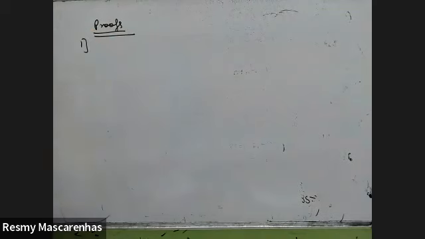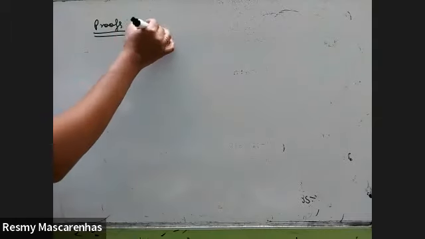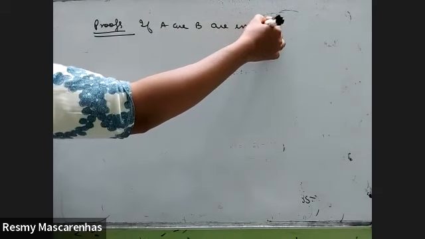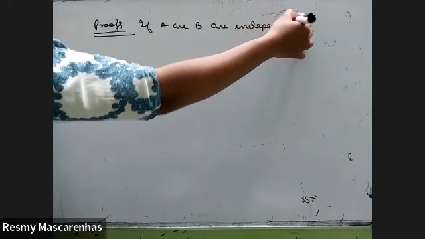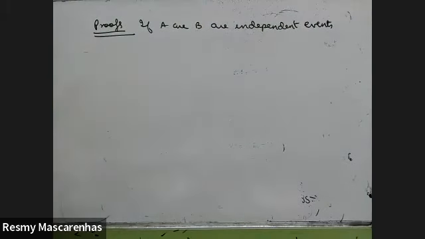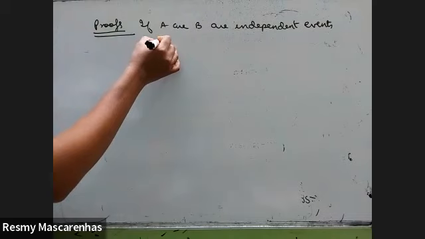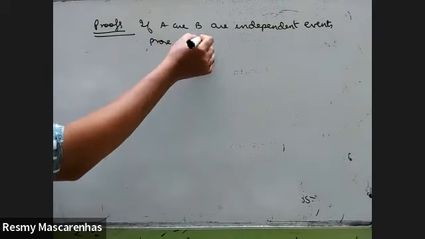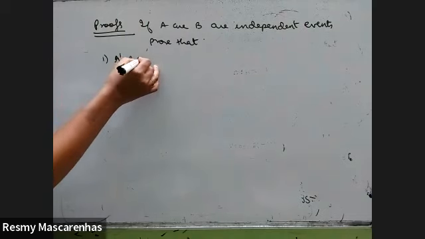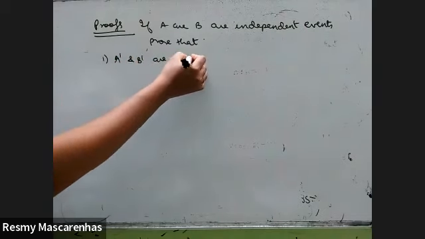So first one, the proofs are: if A and B are independent events, prove that first one, A dash and B dash are also independent.